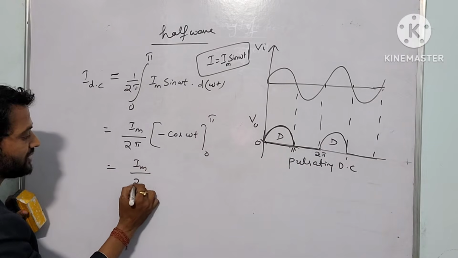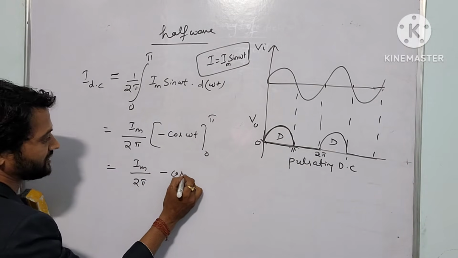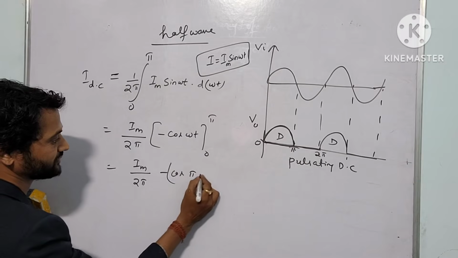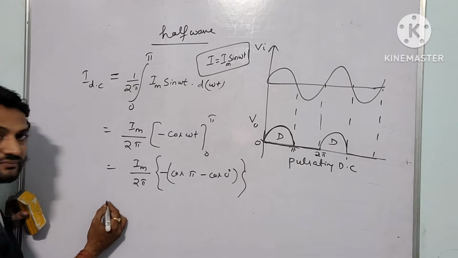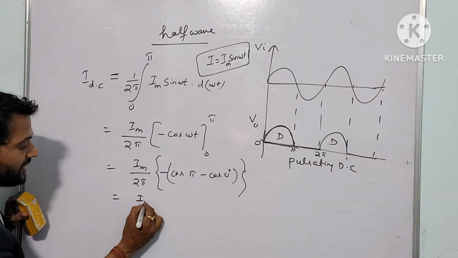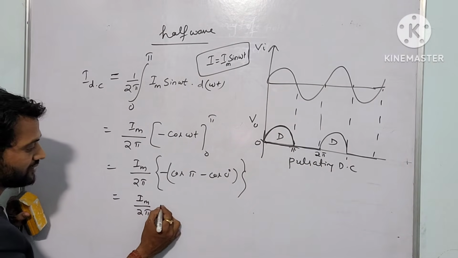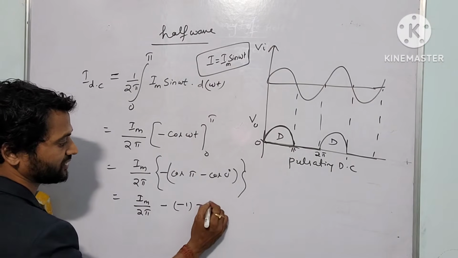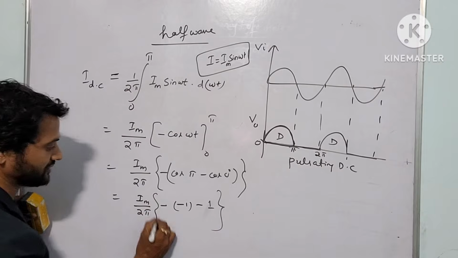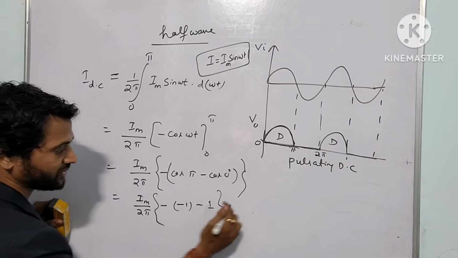So it will be Im by 2 pi, minus of cos pi minus of cos 0, right? Clear? So it will be Im by 2 pi, minus cos pi is minus 1, minus cos 0 is again 1, so that entire part will be 2.